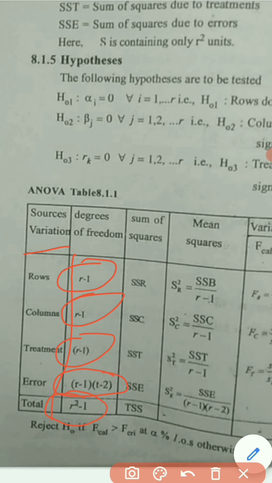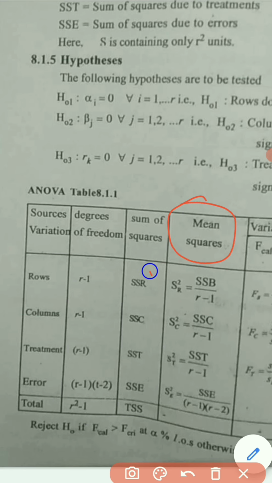Then for sum of squares, it is row, SSR, SSC, SST. Row, column, treatment, then error, then total sum of squares. Like this we will write. You have seen the full form of it just now. Then mean squares. For mean squares, students, just divide SSR by degrees of freedom, then SSC by degrees of freedom, then SST by degrees of freedom, SSE by degrees of freedom.